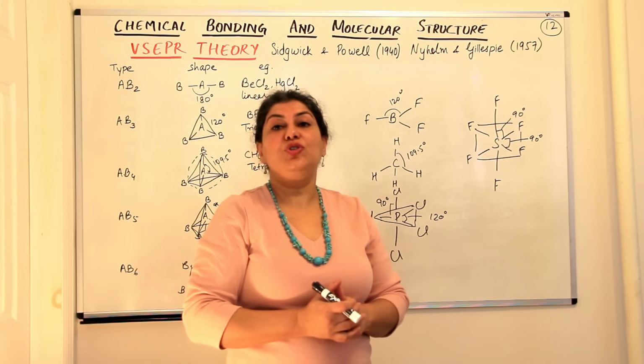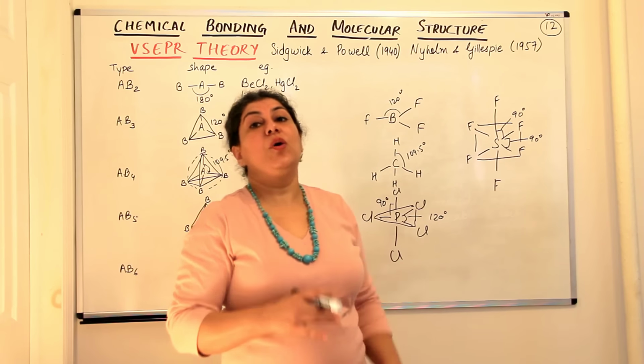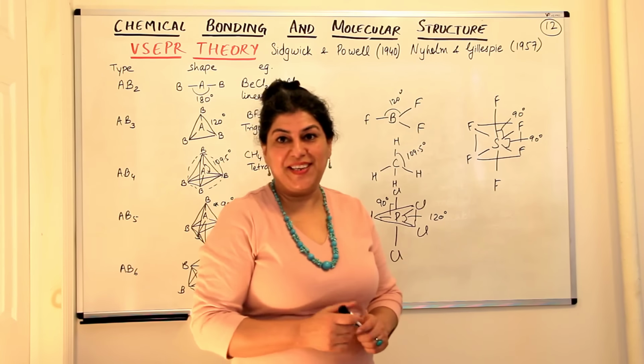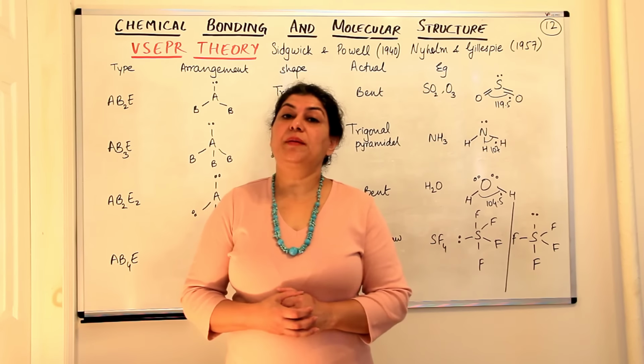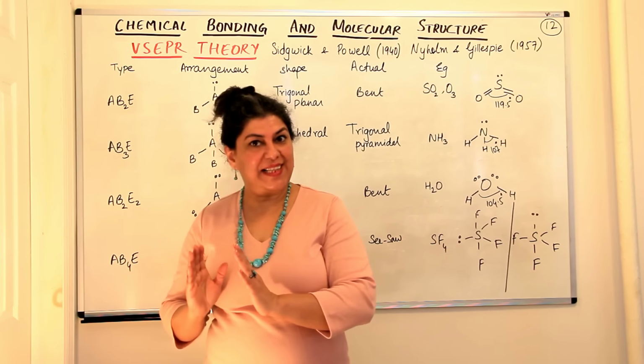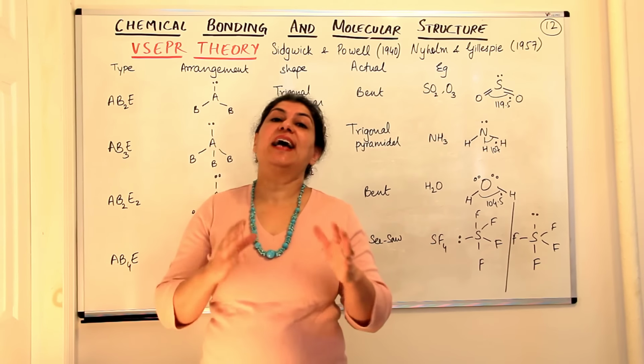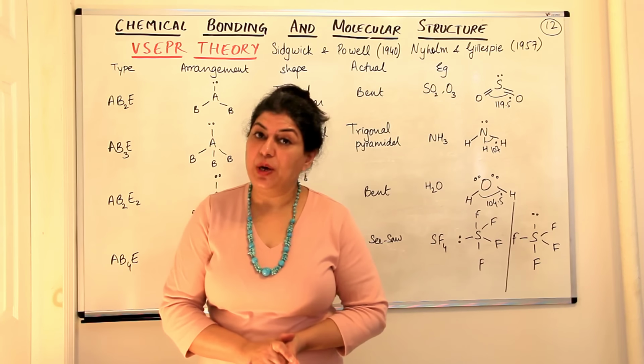So let us now do a few molecules which are distorted, and let's give a reason why they are distorted. Let us now study molecules which have lone pairs in them too. If there is the presence of lone pairs, then the lone pair-lone pair repulsion is the greatest, lone pair-bond pair is less than that, and bond pair-bond pair is the least. This fact has an effect on the structure of the molecules.